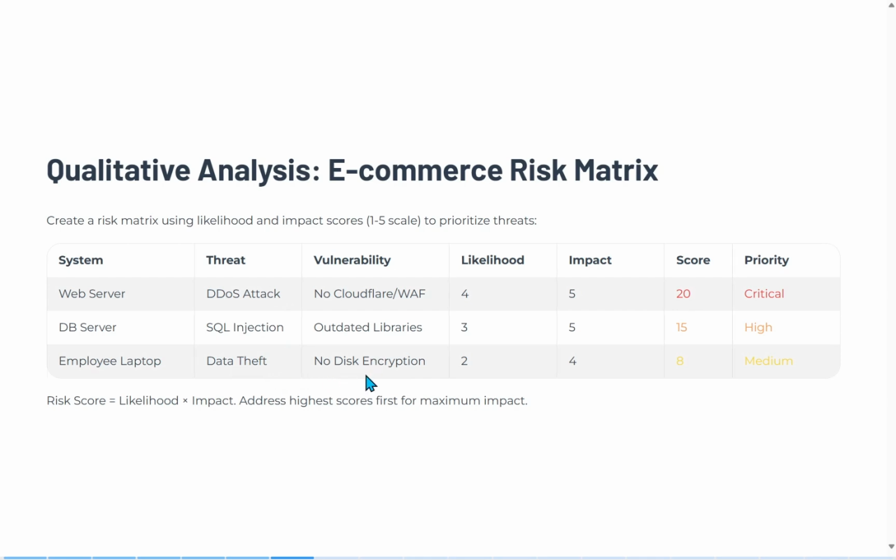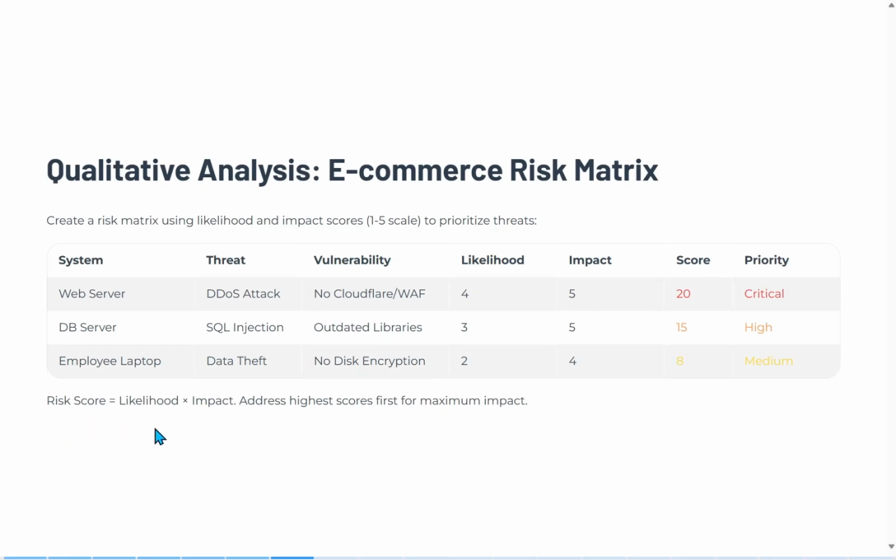Because there is no disk encryption, because you did not use BitLocker to actually lock the disk, or you did not have a proper backup. So the likelihood for this to occur is 2, and the impact is 4. So the score is actually low in a way, which is 8, but the priority is still medium.